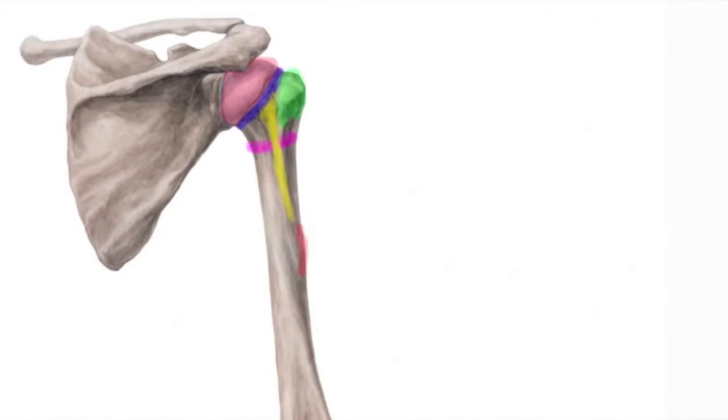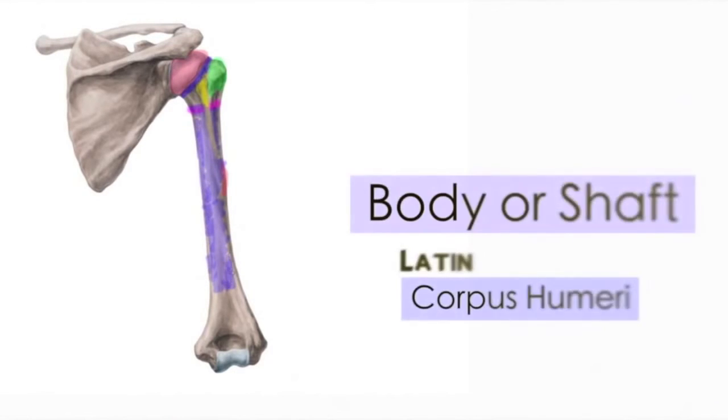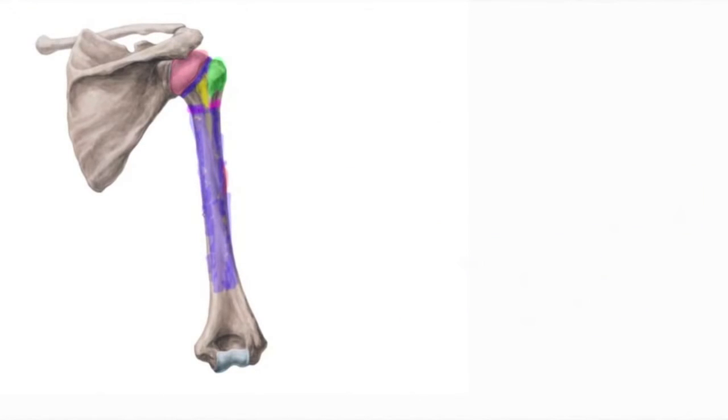And a very important thing that I need to clarify here, and I forgot to mention on the anterior view, is that this long area here of the humerus is known as the body or shaft of the humerus. Very important.